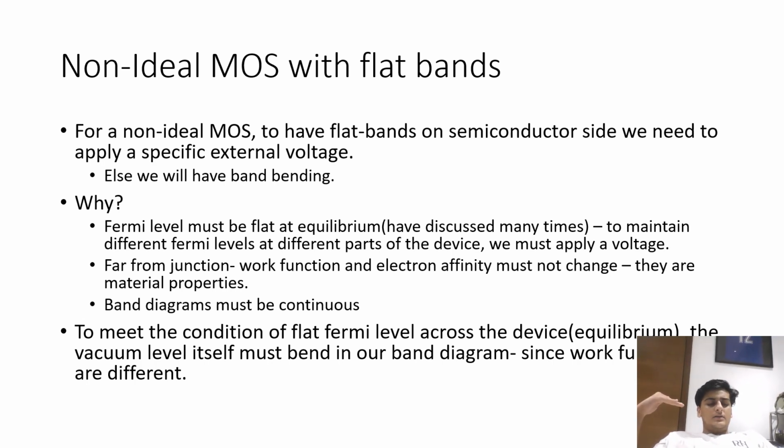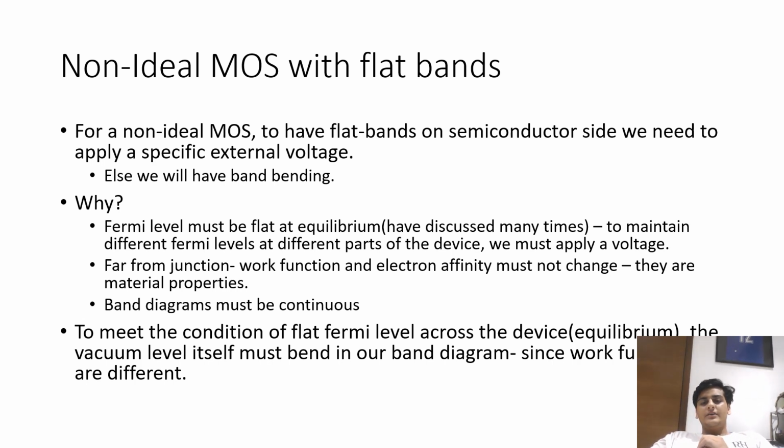Now, the first approach, where we say we have equilibrium and we are not applying any external bias, so we have a flat Fermi level throughout the device, which is the same at the metal as well as the semiconductor. We need to allow for the vacuum level to bend so that, supposing the work function of the metal is more, the vacuum level bends down as it reaches the semiconductor.